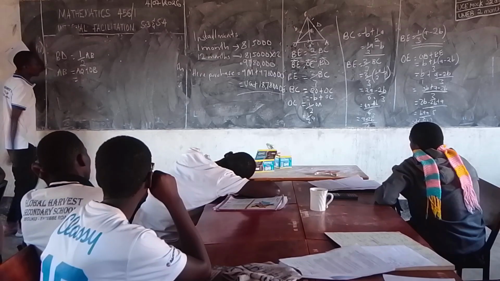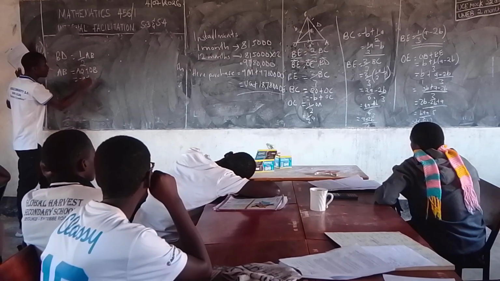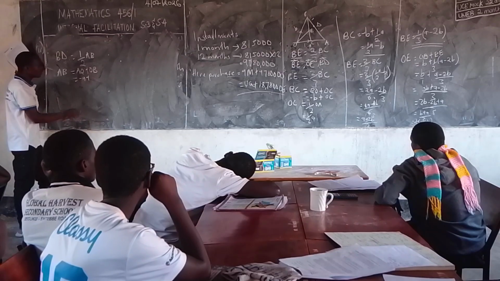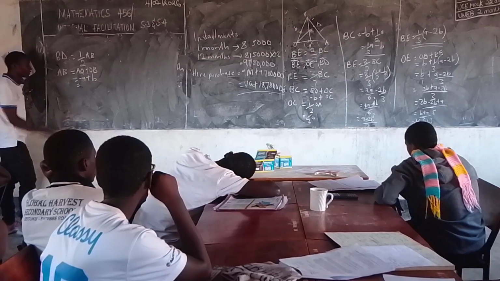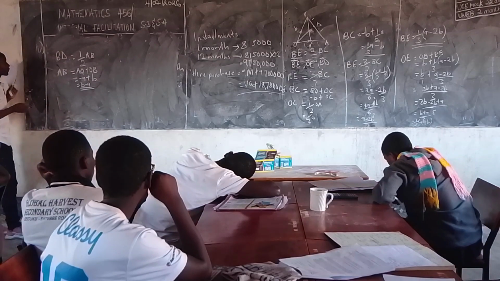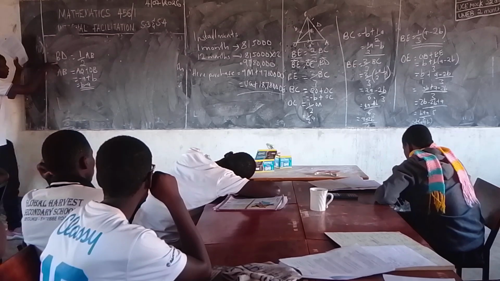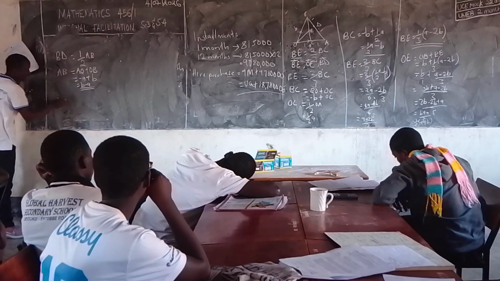Then it is negative A plus B. Therefore, when we rearrange, it becomes B minus A. And that's our AB.